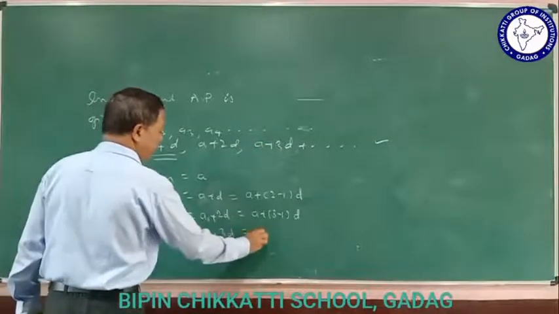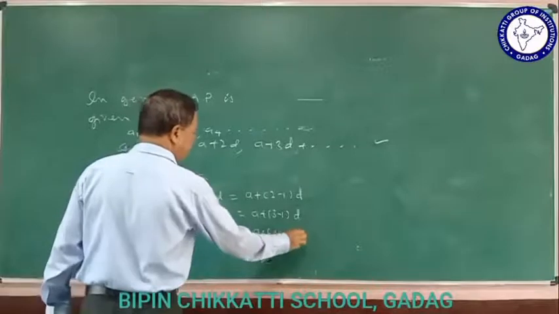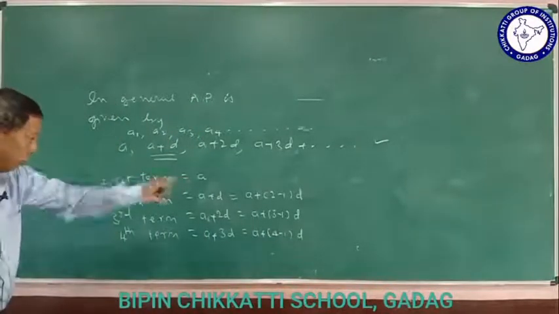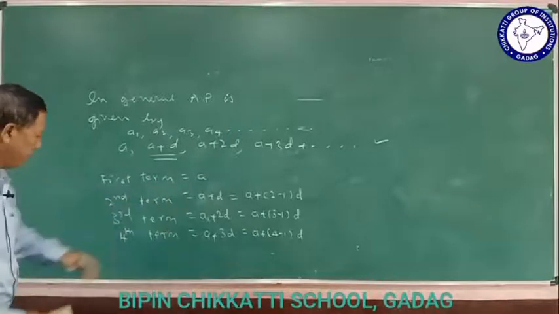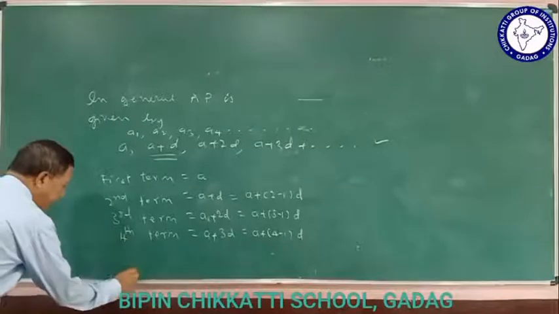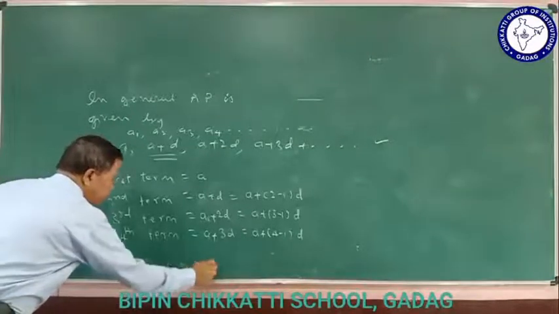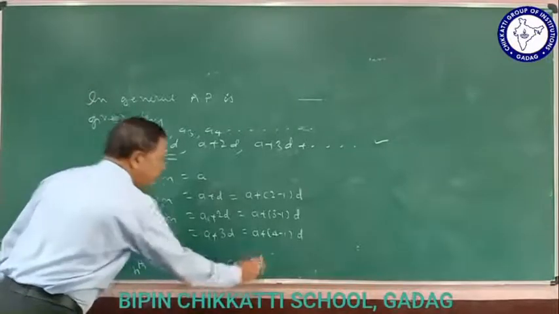A plus 3D can be written as A plus 4 minus 1 into D. Look here, second term 2 minus 1, third term 3 minus 1, fourth term 4 minus 1. Going on, if you are writing the nth term, the nth term is equal to A plus n minus 1 into D.